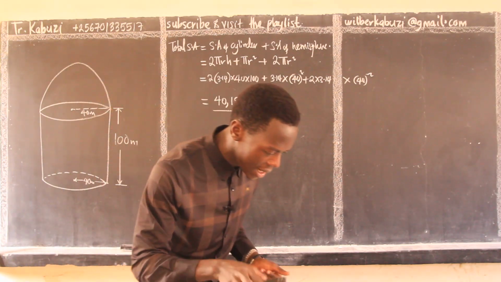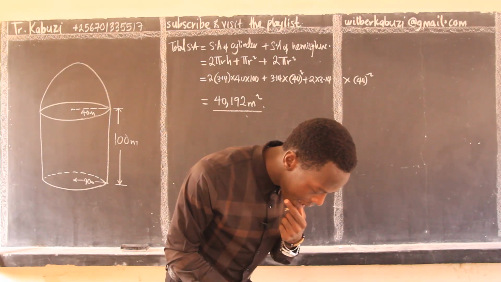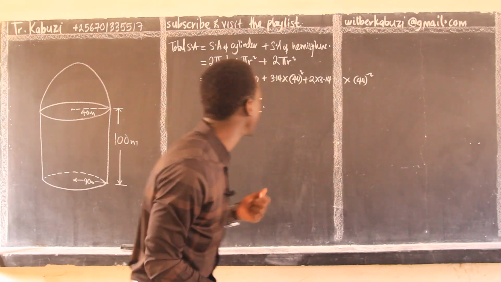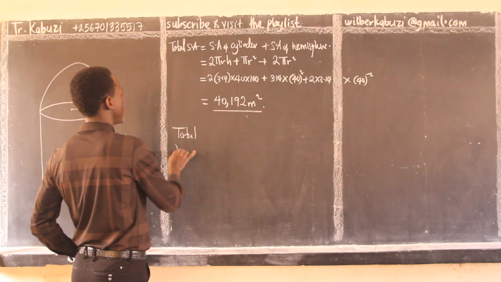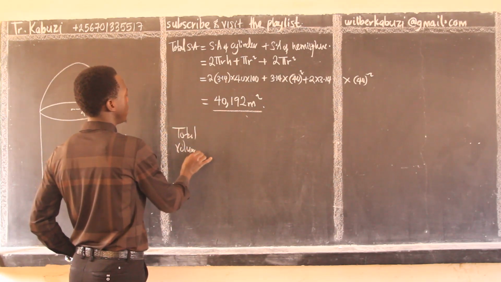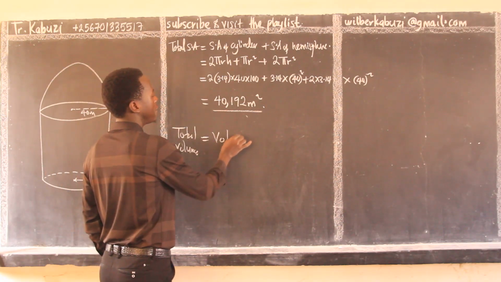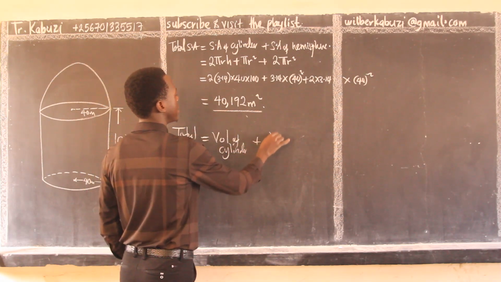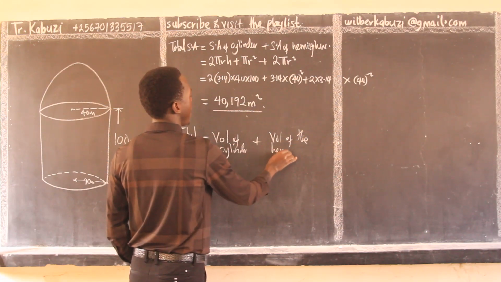Then they went ahead to tell us our requirements to determine the total volume of the silo. So now our total volume is going to be the volume of the cylinder plus the volume of the hemisphere.